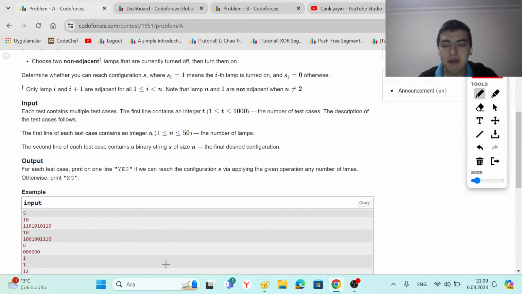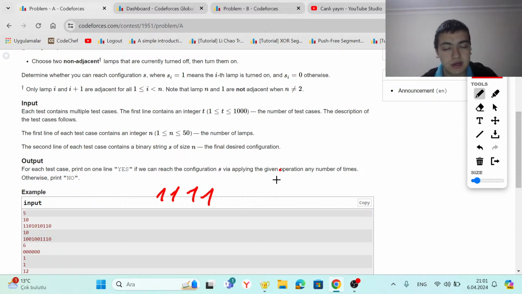But if we have an even number of ones, can we make all of the configurations? Let's look at this. If there are more than two ones, like four ones, make the pairs like this. Let's say one indexed.